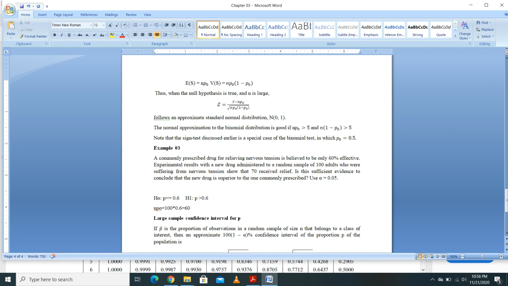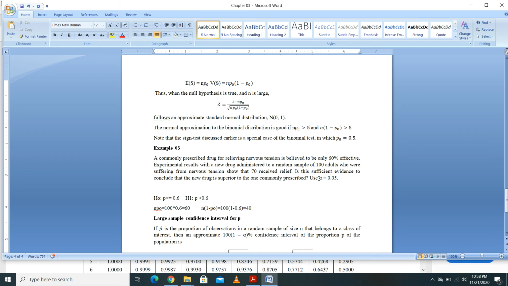And then N into 1 minus P naught: N is 100, 1 minus P naught is 0.4, that is again equal to 40. So N P naught and N into 1 minus P naught are both greater than 5. This condition is satisfied, so we can apply the large sample approximation.